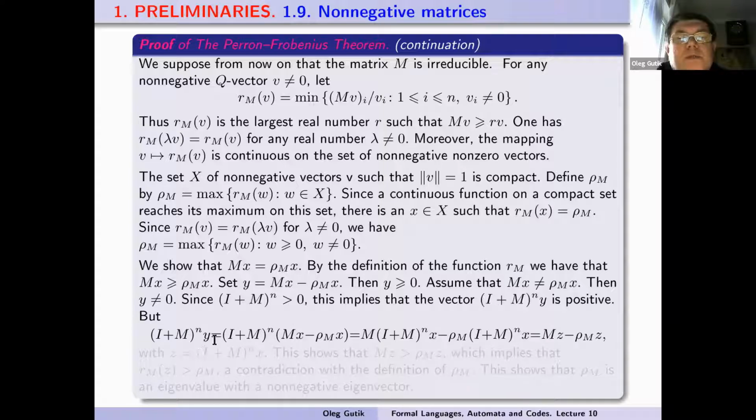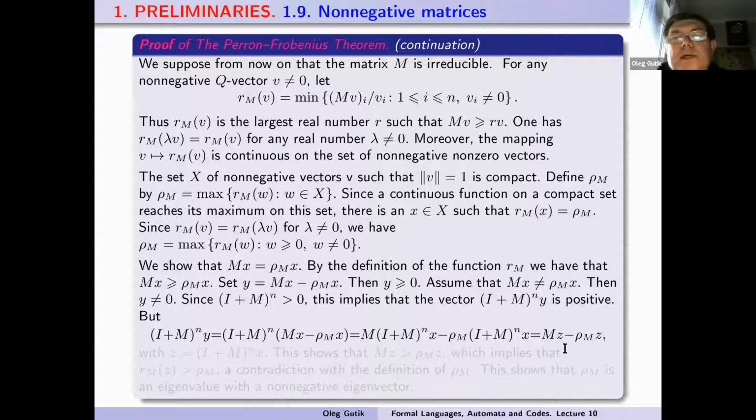but we have that (I plus M)^n y is equal to (I plus M)^n multiplied by (Mx minus rho M x), which is equal to M (I plus M)^n x minus rho M (I plus M)^n x.